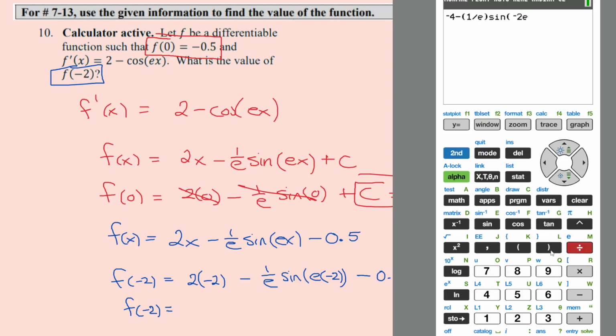That's this guy. And then minus 0.5. That's everything, right? Entered correctly. Negative 4 minus 1 over e sine of... Yeah, okay. Seems good to me. Press enter. Get a number. Negative 4.775558. So negative 4.776 is great by me.